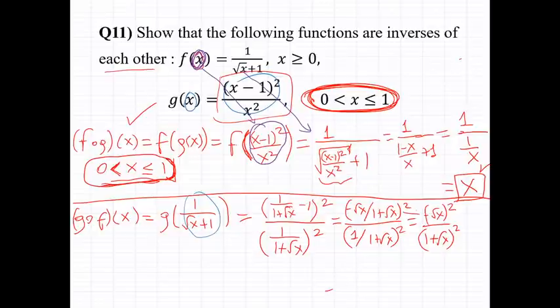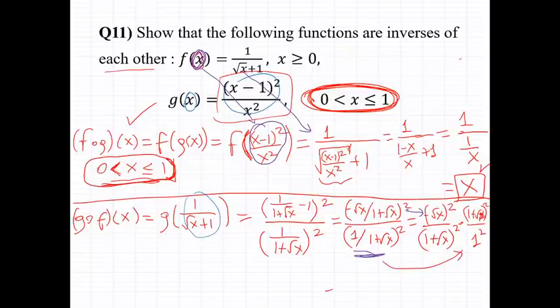Now I wrote this one here, and then I write this one as the reciprocal. So I flip this one, and I change this 1 plus square root of x squared divided by 1 squared.